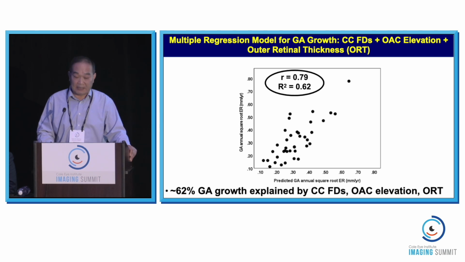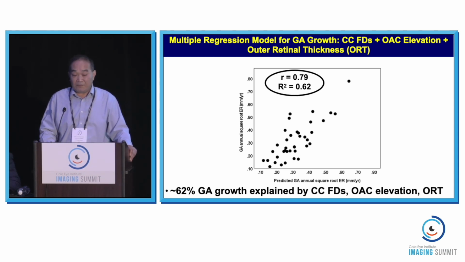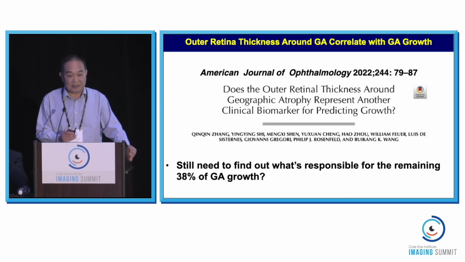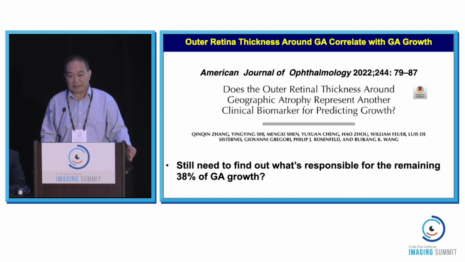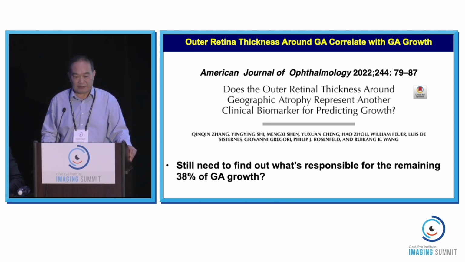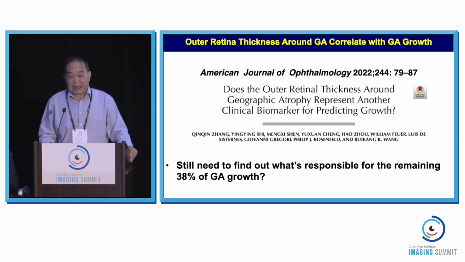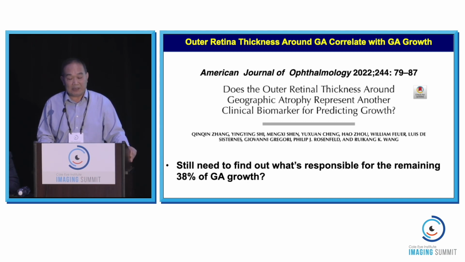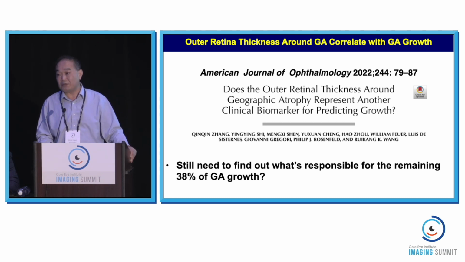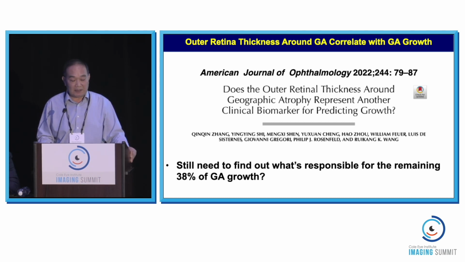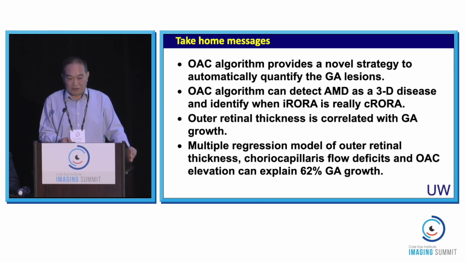So that can be explained by the CC flow deficit, OAC elevation, which is the drusen volume, and outer retinal thickness. And we published this over here. If you are interested, you can look at it. But still, you can have the prediction of 62% using the three variables. Still, you have 38% of the GA growth unexplained. So we are still working on that.